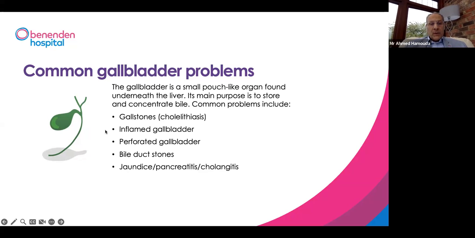So the problems that can happen are obviously forming stones inside the pouch, and that will be a precipitation of cholesterol to first of all crystallize and then become bigger and larger over a period of time. If you have stones on their own, we tend to call it cholelithiasis. Difficult word, you don't need to remember it. But basically gallstones, and the condition that comes with it, or the pain that comes with gallstones, is called biliary colic.